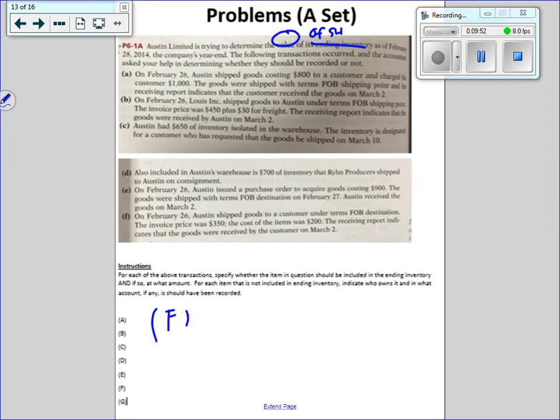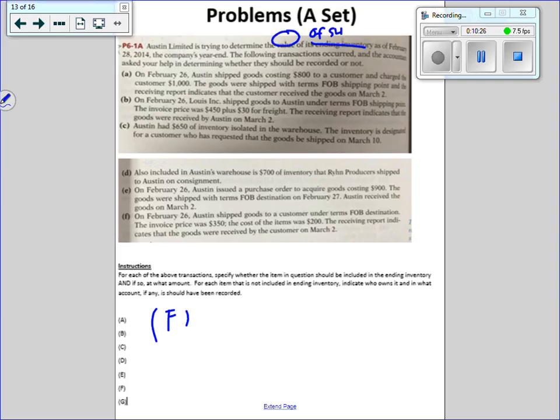On February 26th, again, Austin, so us, we ship goods to a customer, FOB destination. This is a family-friendly event, people. So they're free for whoever is getting it. If we're shipping to someone, we own it until the people get it. The invoice price was $350 plus the cost.